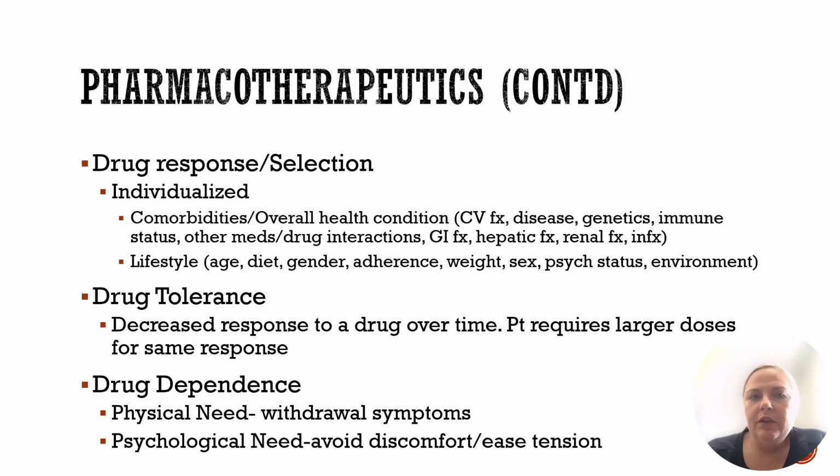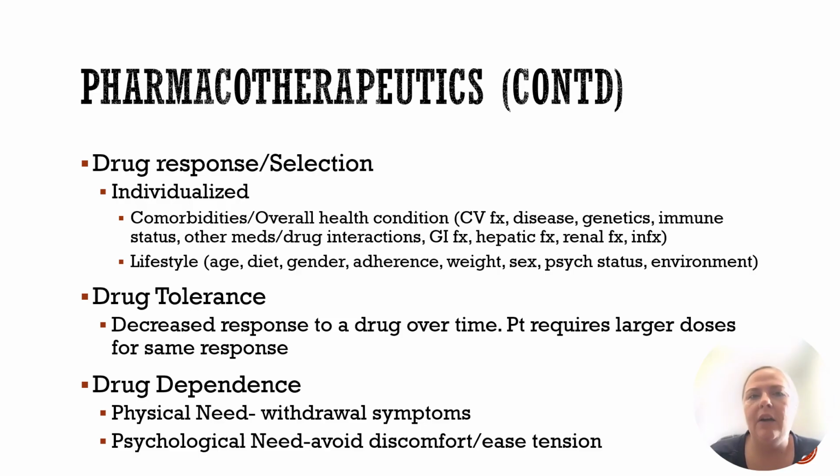So, selection of drug and how our body responds to it really is individualized. So, the comorbidities that a patient has, their overall health condition, how's their liver, how's their kidney, how's their cardiovascular function, their genetics, their immune status. Are they on other medications? Is there potential for interactions? Do they actively have an infection or some inflammatory process going on?